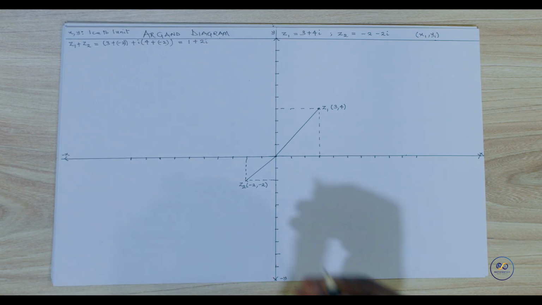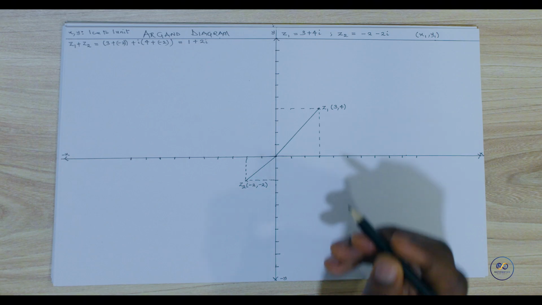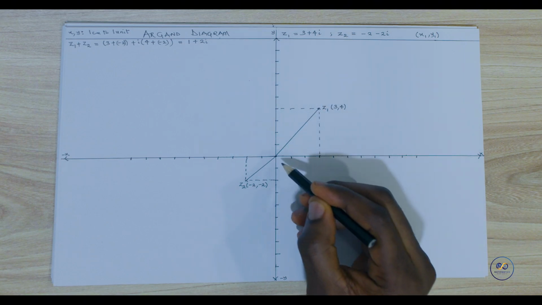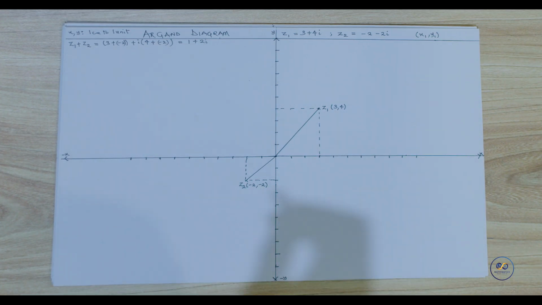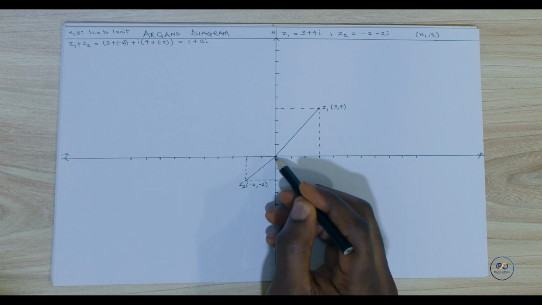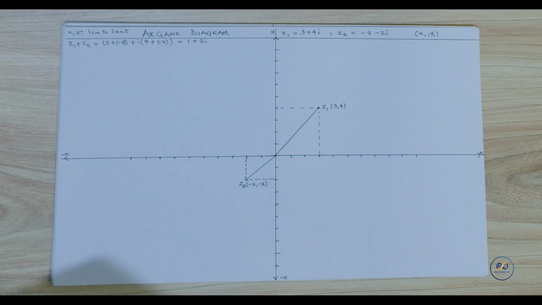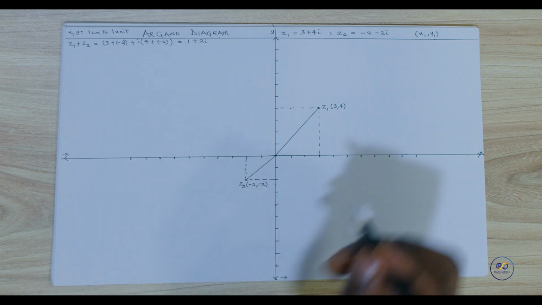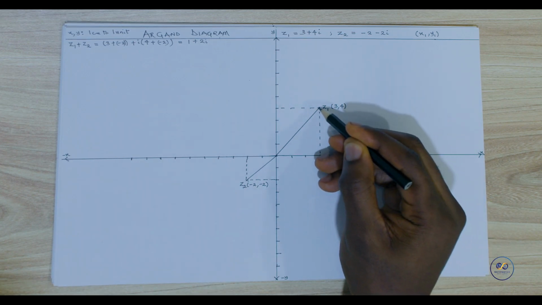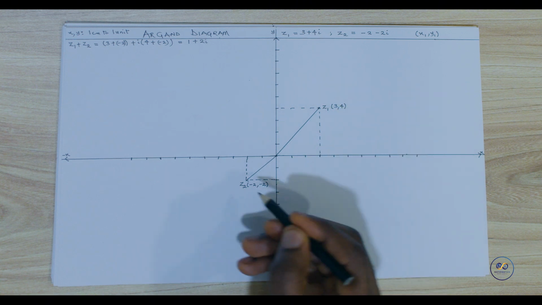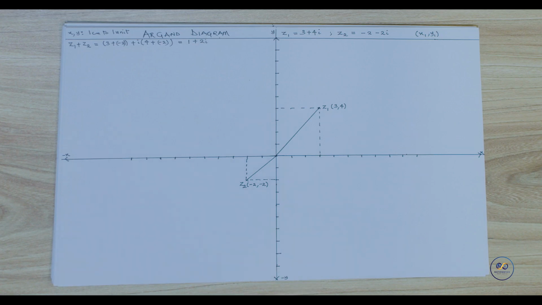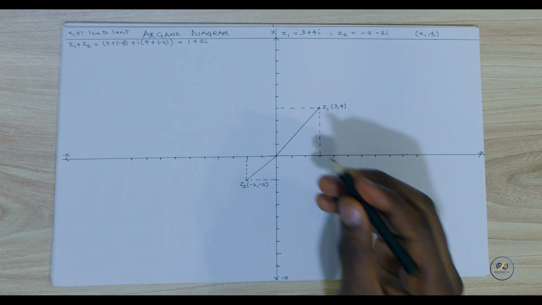In the case of Z1, remember it goes 3 + 4i, so it goes from (0, 0) to (3, 4). Z2 is normally supposed to go from (0, 0) to (-2, -2). It therefore suffices that the point (3, 4) will now be the new origin that precedes Z2.